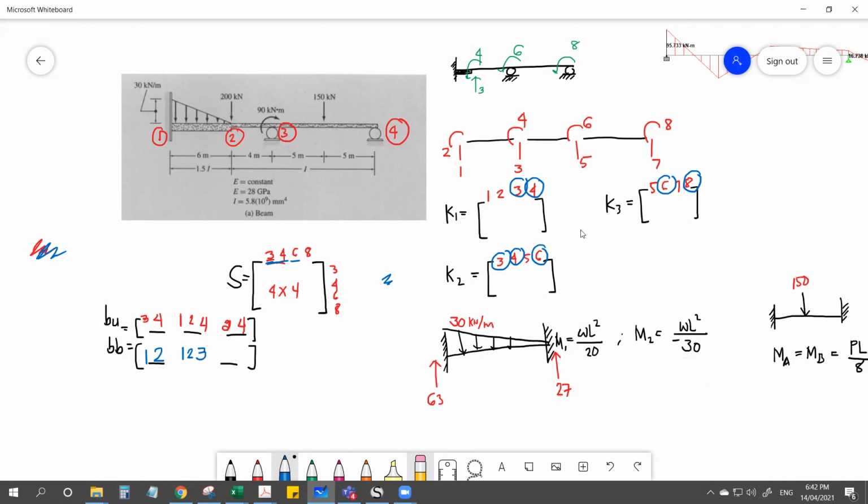And finally, for 6 and 8, what's the location? It will be on third and fourth, so that will be 3 and 4. Okay, so that will be our BU and BB matrices.